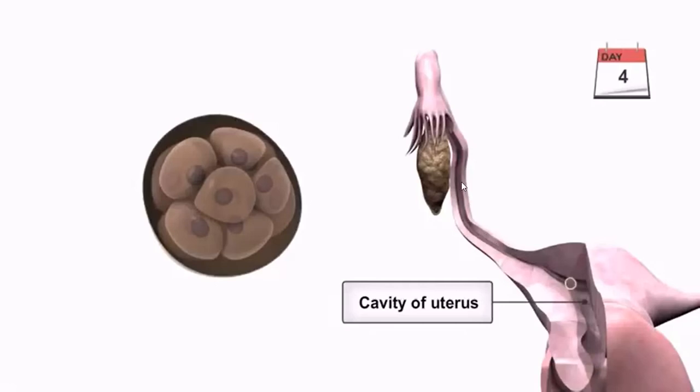Also in the fallopian tube we have special cilia which assist the motility of this embryo toward the uterus. So let's keep it in mind.